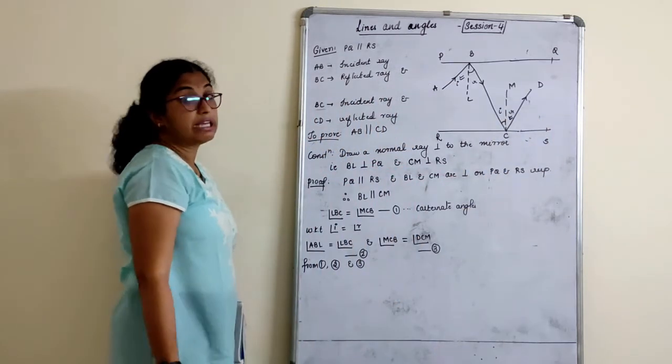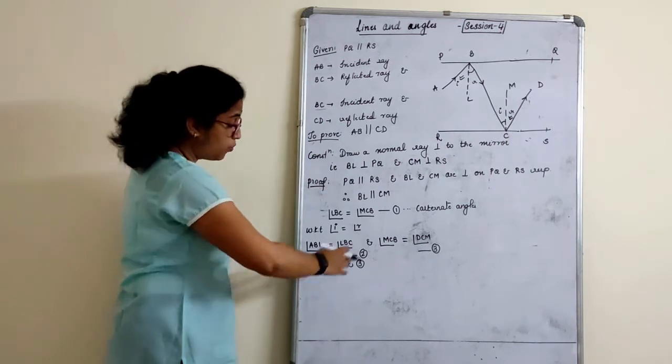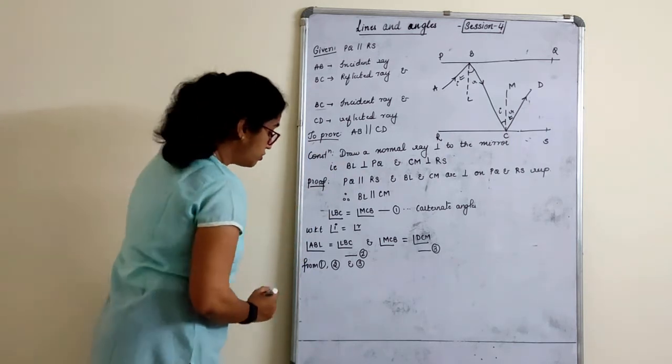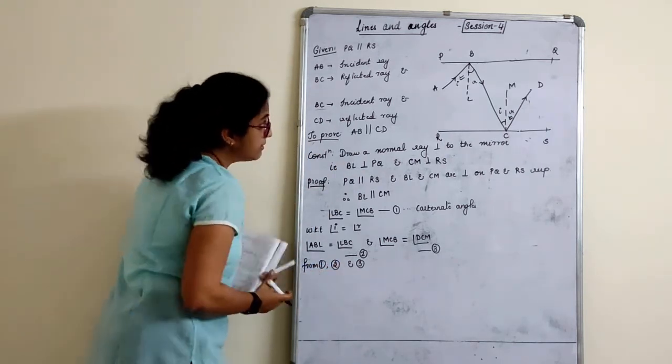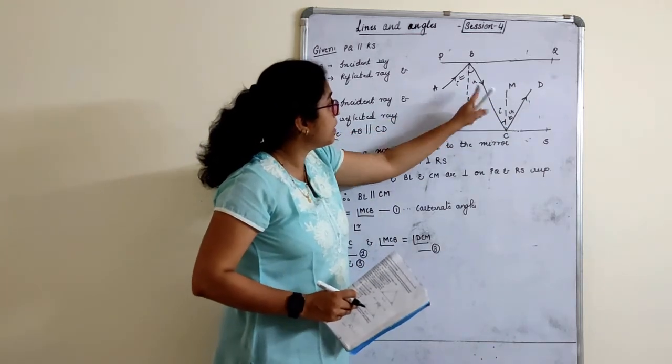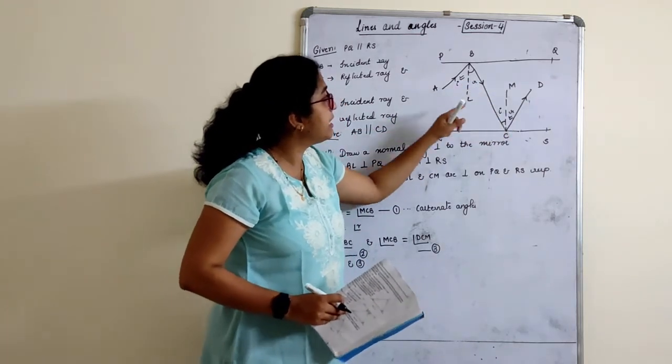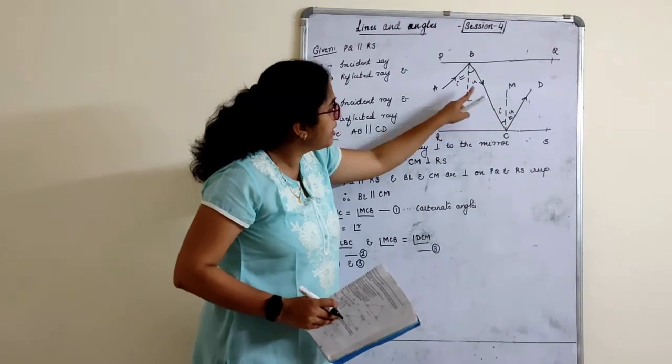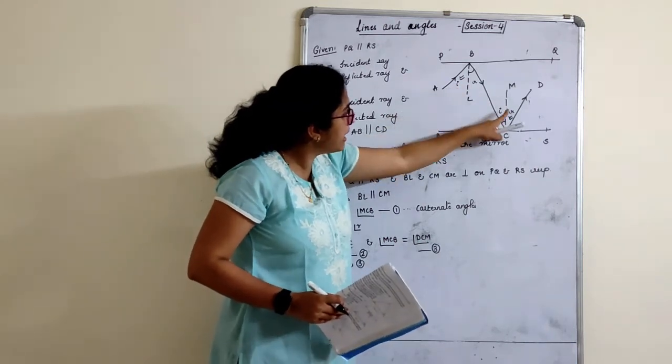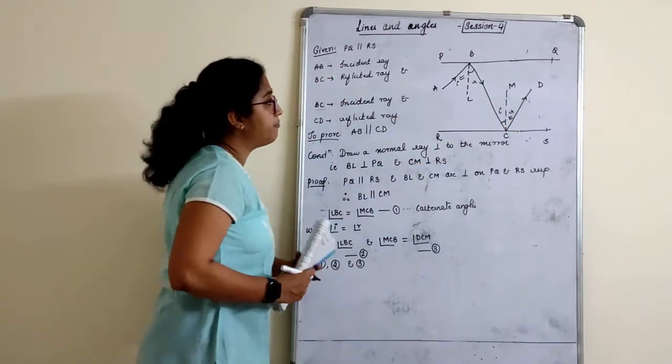These two angles are equal from equations 1, 2, 3. Already this I and R are equal, right? Remaining are this angle and this angle, the double marks I have put on that.